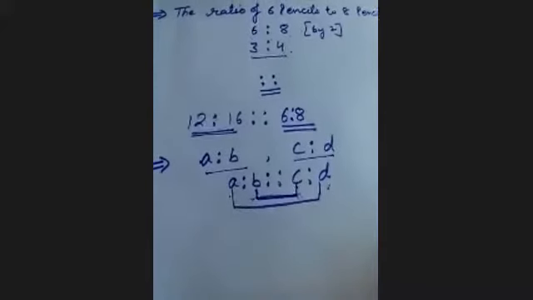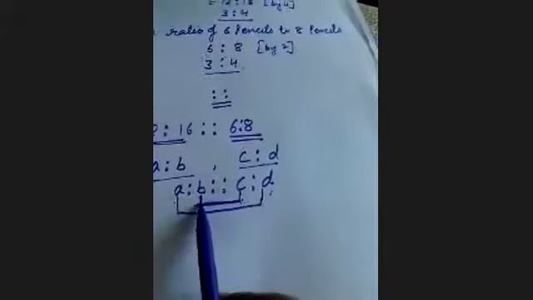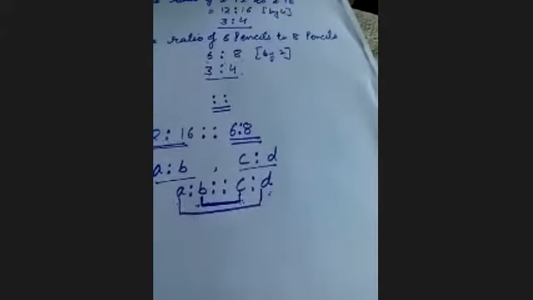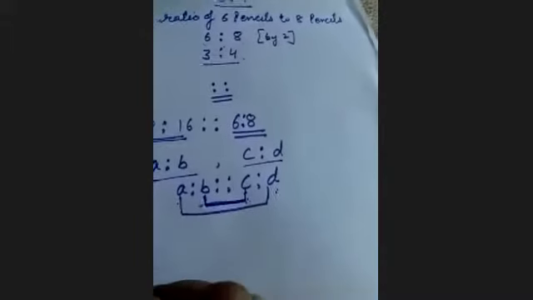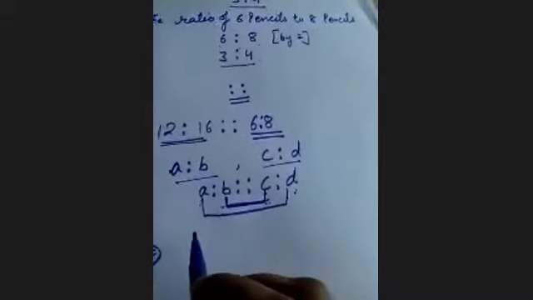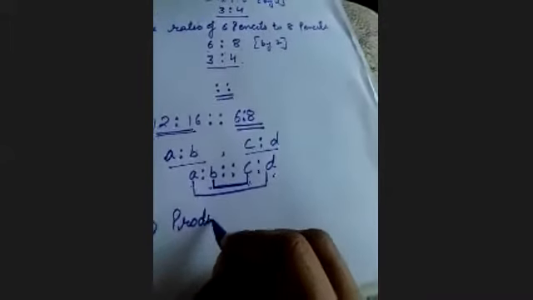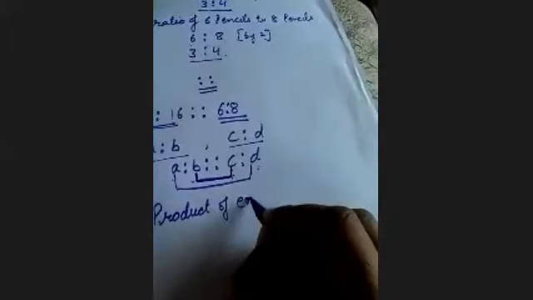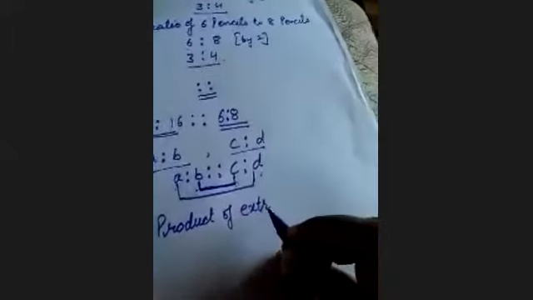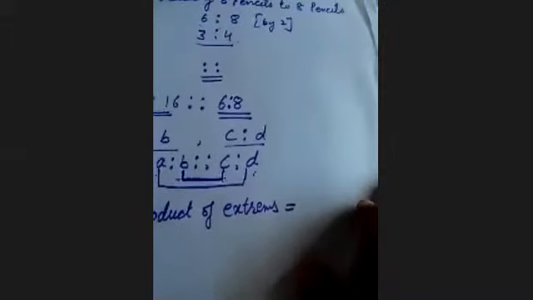So to check whether the ratios are in proportion, first we will find the product of mean terms. Mean terms are B and C, and extreme terms are A and D. Rule is product of extremes is equal to product of means.